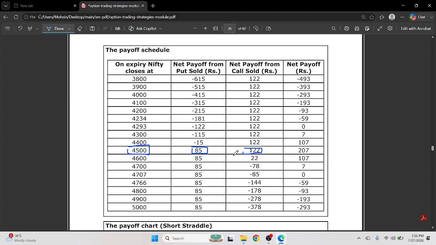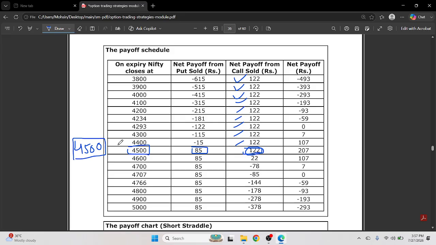Because we have written the call option, let's look at the individual break-even point. We chose the strike price of 4500 and received a premium of 122 points. It means that if the market is not going to close above 4500, we will make this profit. You can see we have a constant profit of 122 points.